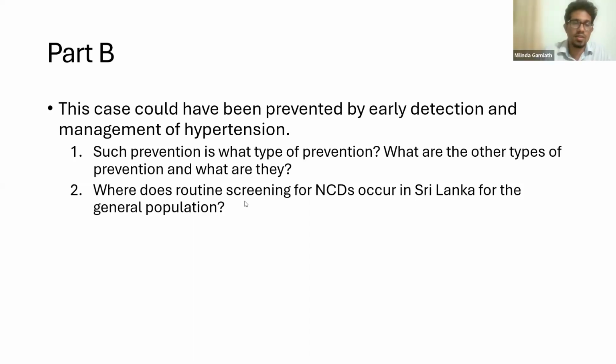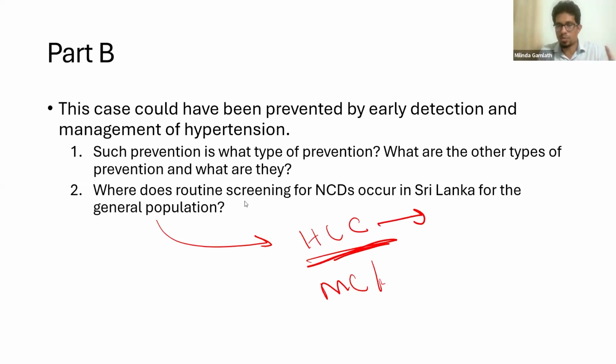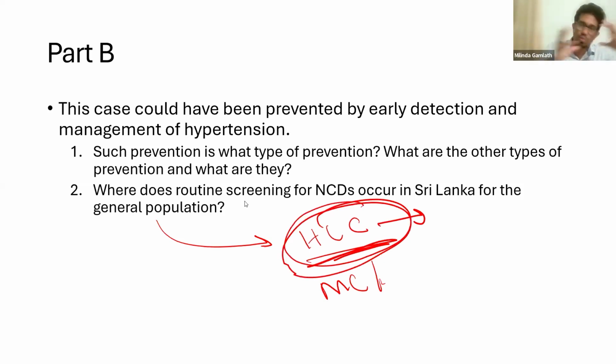Exactly. So healthy lifestyle clinics is the general population clinic. In addition to that, there are two places. Healthy lifestyle clinics is the main one. In addition to that, you also have medical clinics and clinics at the hospitals. But the healthy lifestyle clinics is what is most preferred, what we are trying to push towards. We are trying to get all the general population into these HLCs, right? So that is the target area.